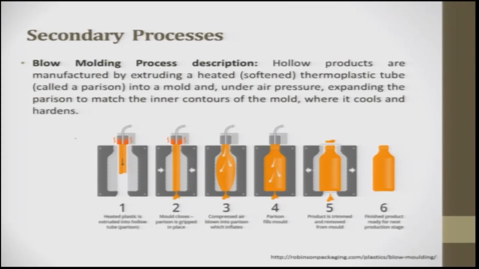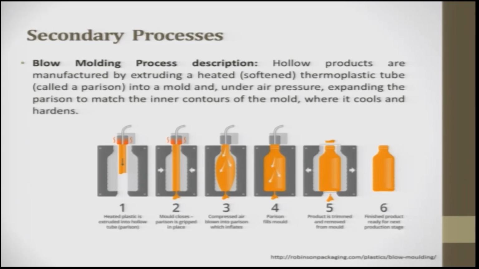When you move towards plastic, the most commonly used process is the injection molding process. Here it is a secondary process. What happens is you have a heated plastic which is extruded. You remember extrusion we saw, and there we saw metal, here it is polymer, extruded into a hollow tube.